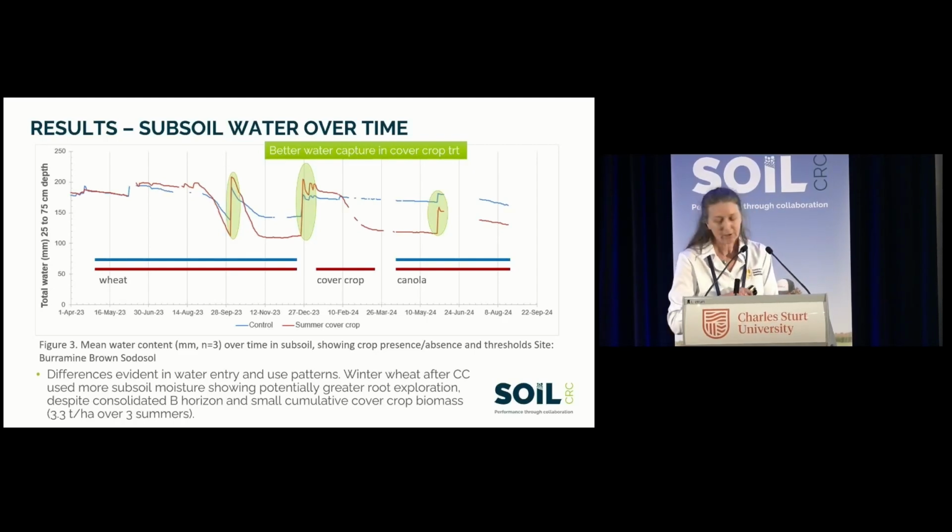Through that fallow period, we've got what we would expect to see, which is use of water by the cover crop and no water being used by the control. Then into the canola this year, we've got our third wetting event, again with more than double the water intake into that subsoil relative to the control.